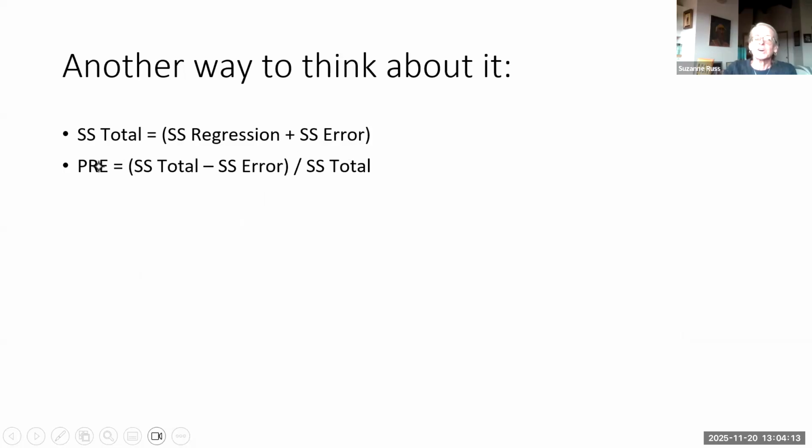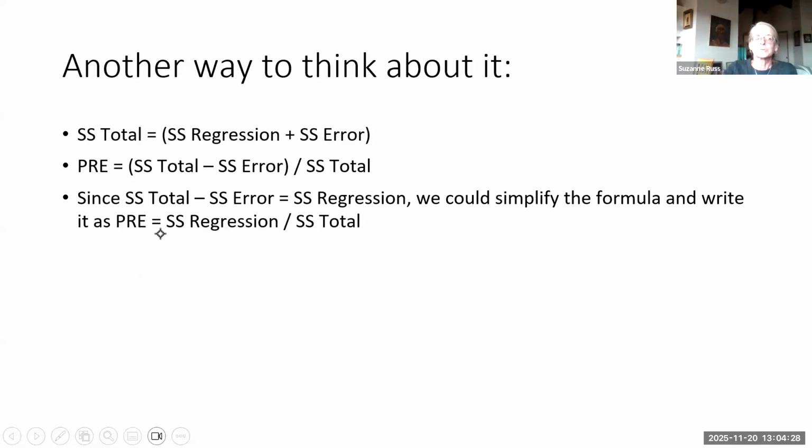We know that this PRE is SS total minus SS error divided by SS total. But since we also know that SS total minus SS error is SS regression, we could shorten our formula to SS regression divided by SS total, and then we would get our proportionate reduction in error.